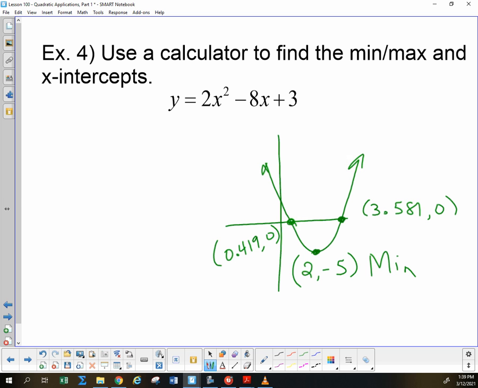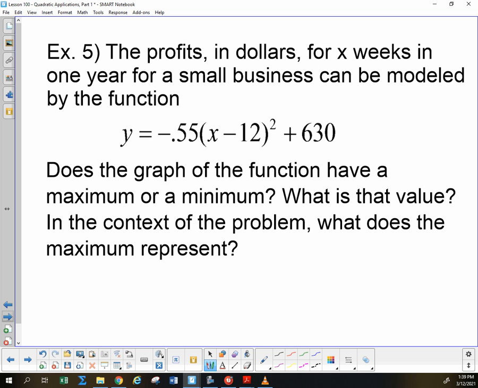But some of them will start being word problems, like this next one, just to give a little more challenge and let us start to understand how this might help us in real life. So we have a small business, and they've run some computer analyses, and the computer has come up with the model for how much profit they made each week in a year.